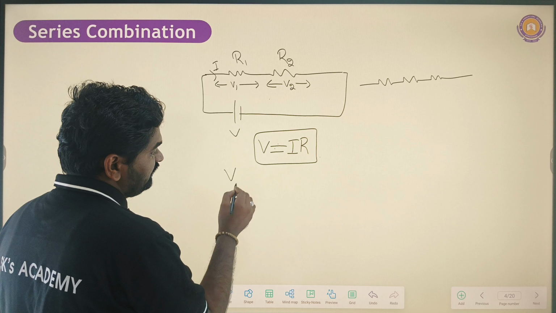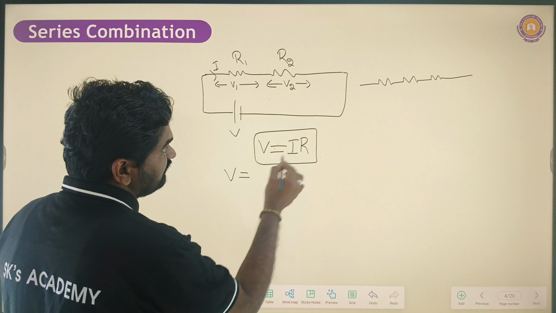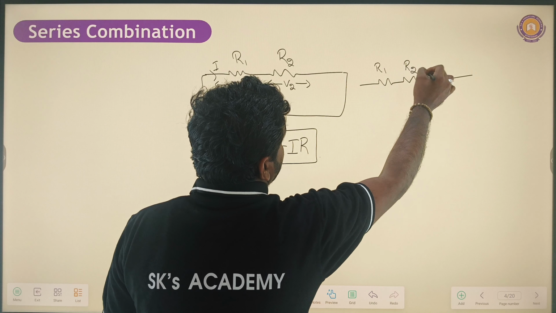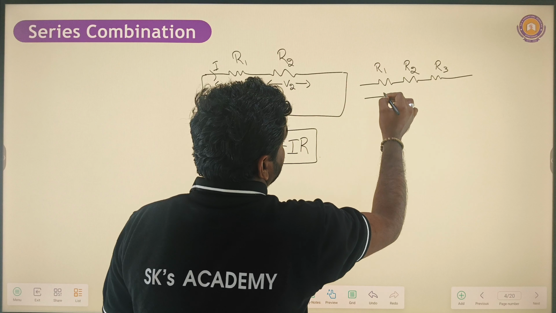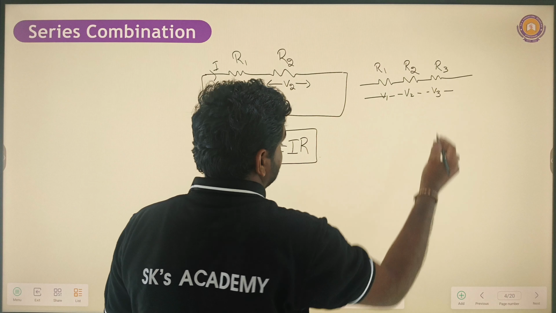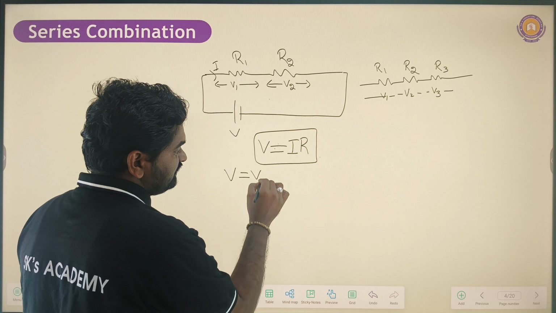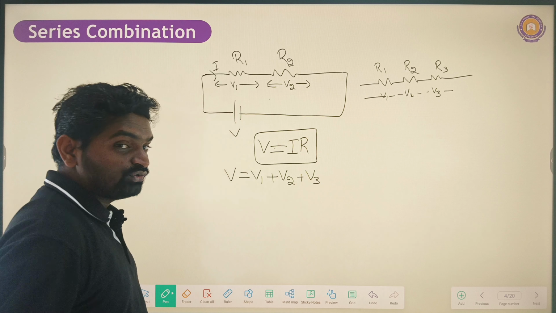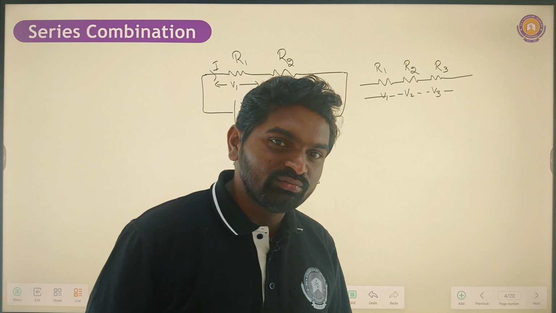So the total V is equal to V1 plus V2 plus V3.